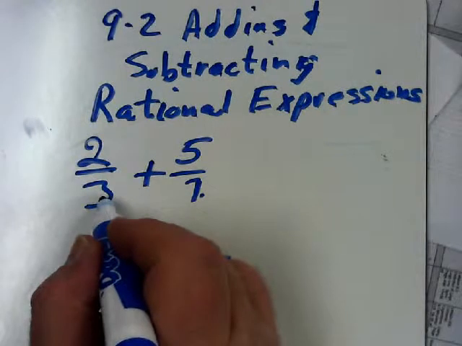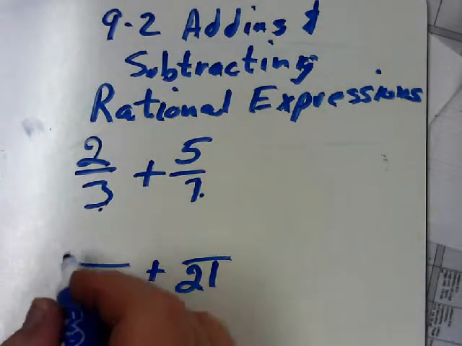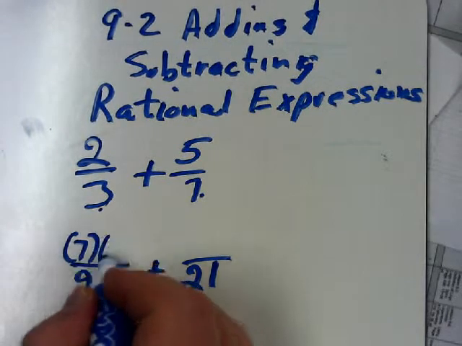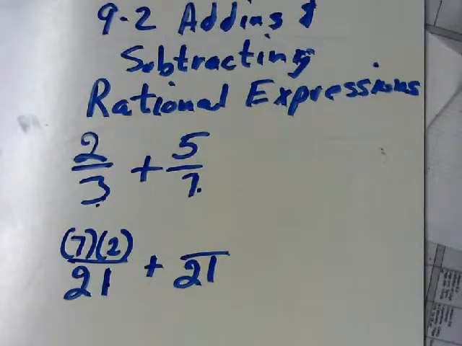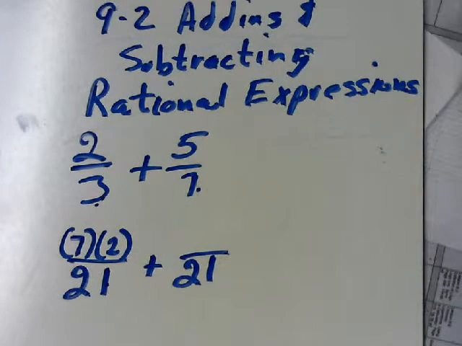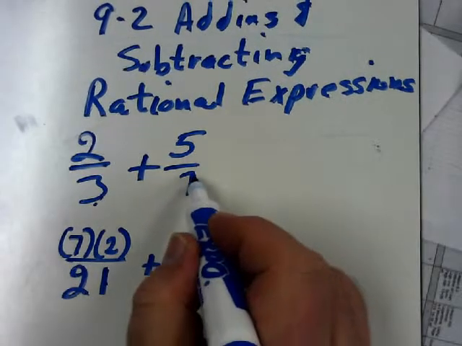What do I have to multiply this 3 by to get me to 21? Which means that I have to take 7 times the original numerator, don't I? And I have a reason for writing it that way, because you're going to use it in just a couple minutes, okay? To go from 7 to 21, what do I have to multiply this 7 by?